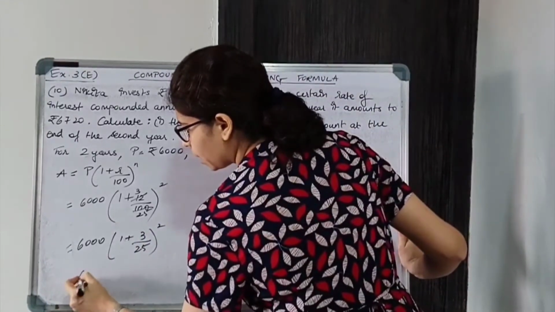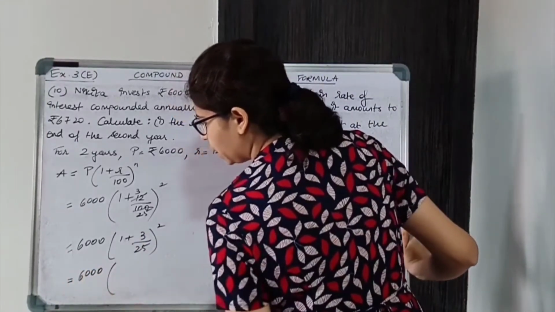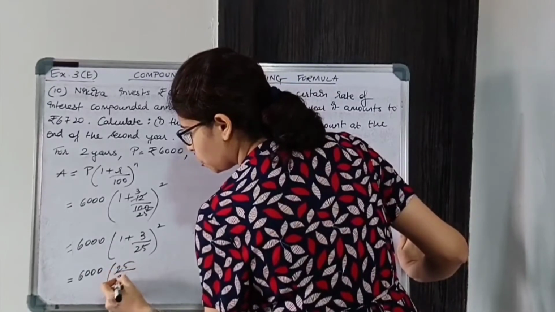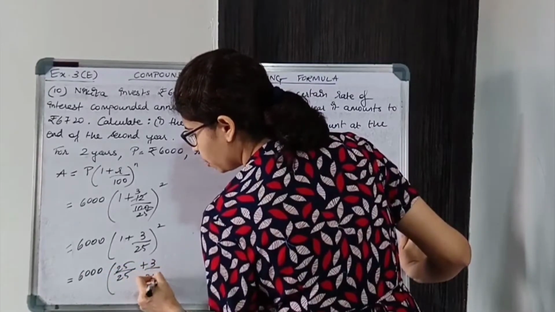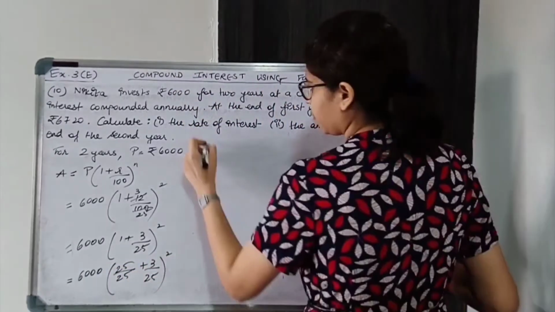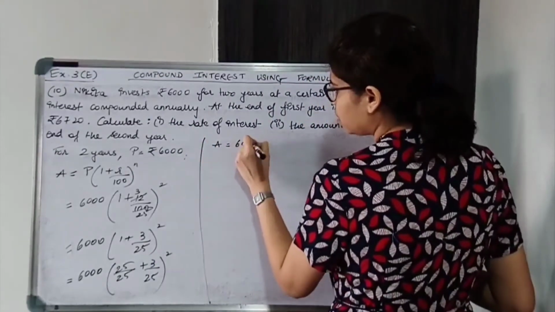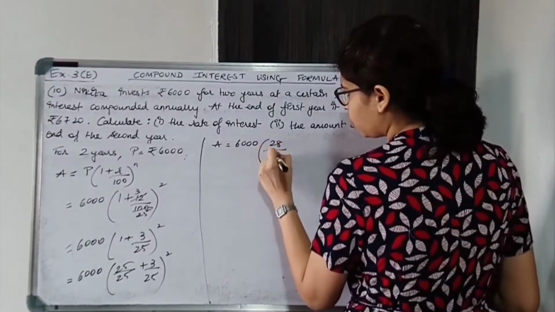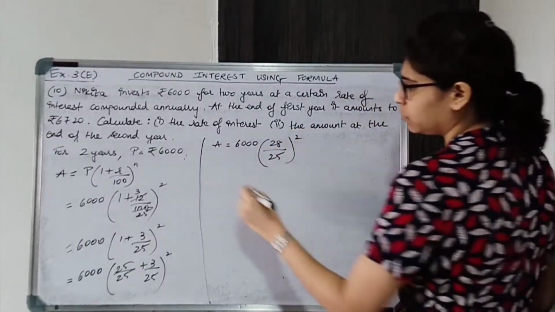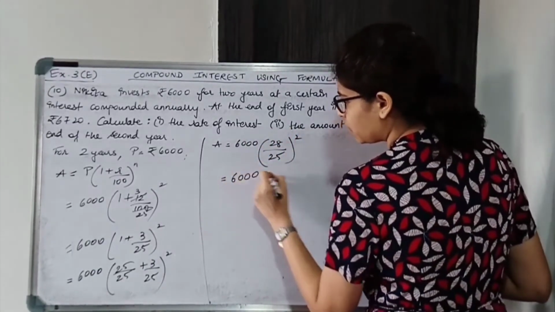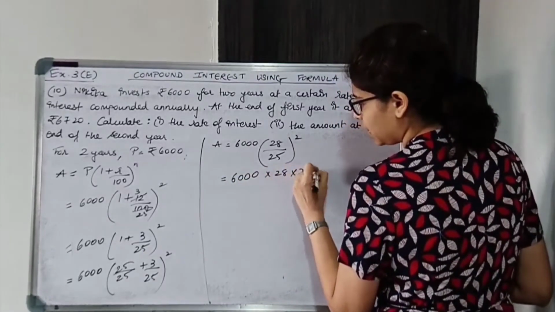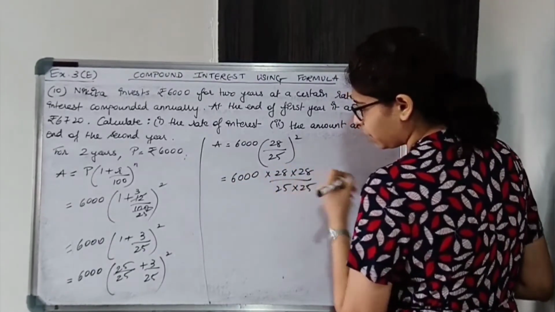Let's solve the bracket first. So we'll get 25 upon 25 plus 3 upon 25 raised to 2. So A is equal to 6,000 into 28 upon 25 raised to 2. So 6,000 into 28 into 28 upon 25 into 25.